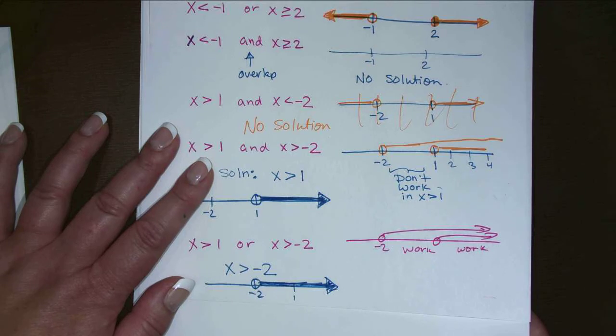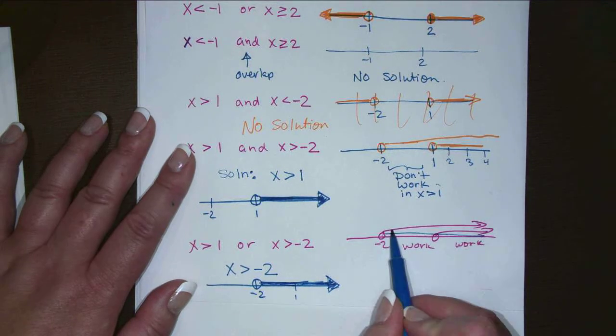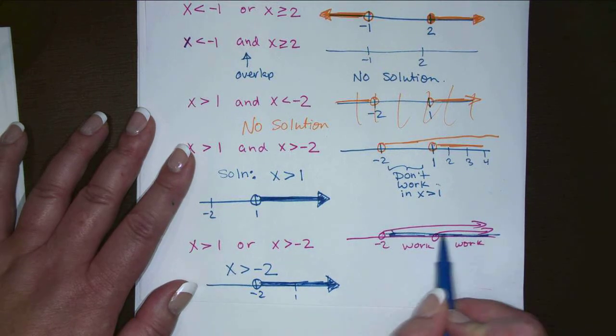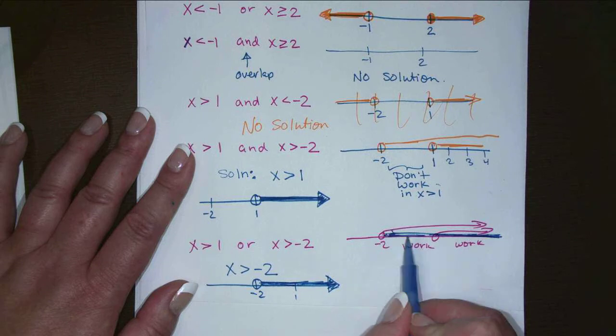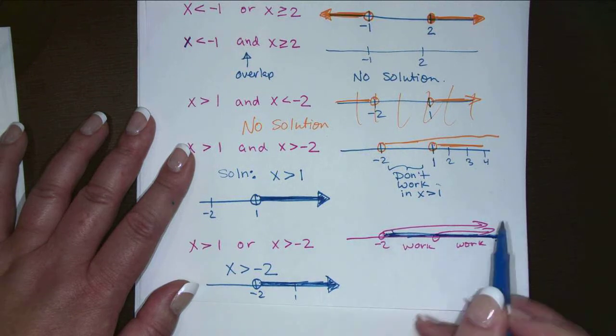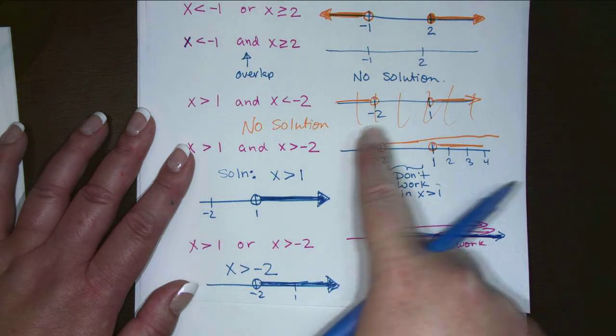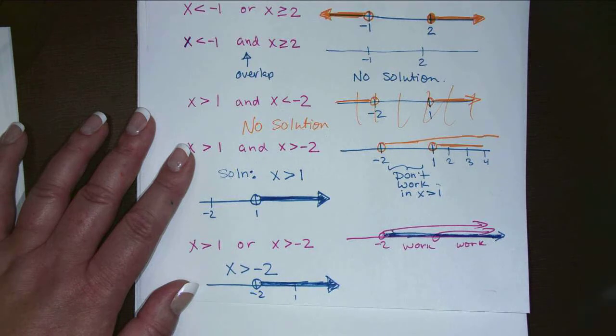You could just color it all in, and whatever's colored is the answer. This would all get colored for this one, and this would all get colored for this one, which wasn't necessary because I already colored it all in. And so that's the answer. You don't need to look at the overlap when it's or. You just color it all in, and that's the answer. Whereas with an and, you actually have to look at it and say, where is both happening? And then that would be the answer.